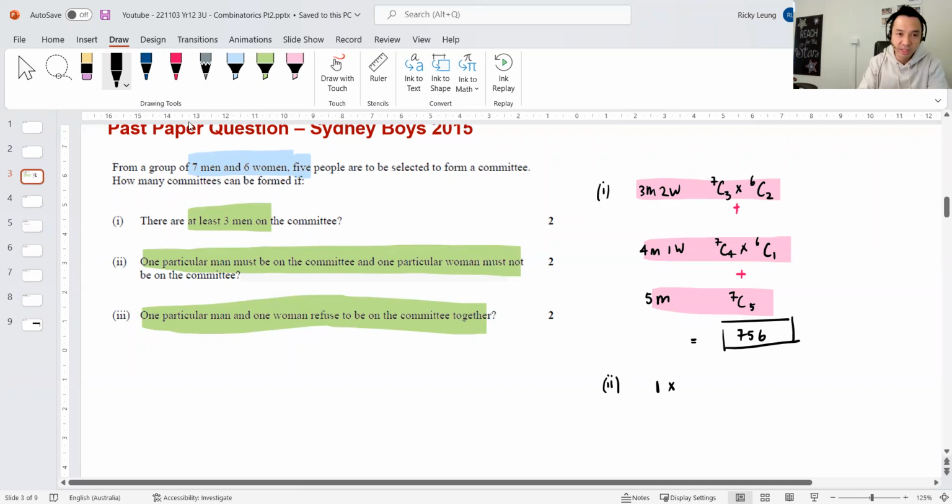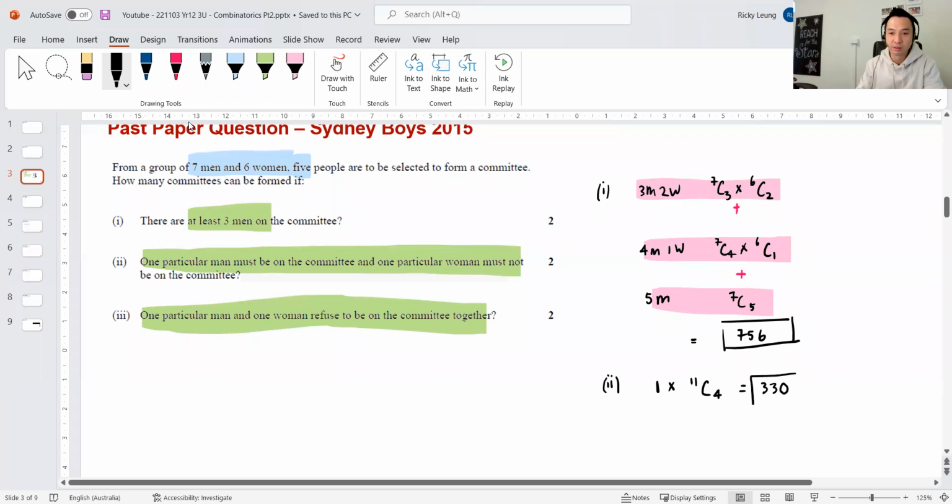So if there's 13 people all up, 1 man selected, 1 of the women gone, 11 are left, right? So I have 11 people to choose from for my remaining 4. So really, mathematically, that's quite simple. 330 should be your answer.